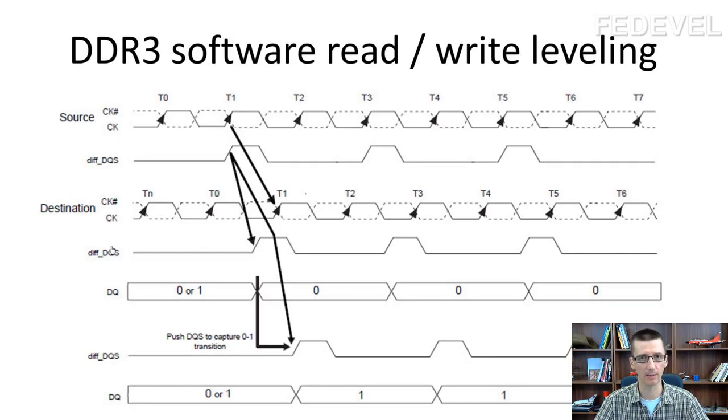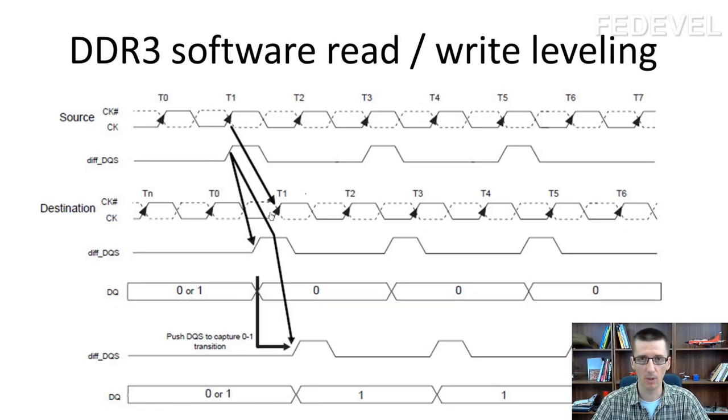Why DQS signal? Because usually data signals are shorter, and the address and clock signals need to travel around the memory chips. So they need to travel a longer way, and will arrive a little bit later. Here you can see DQS arrives first and then clock a little bit later.